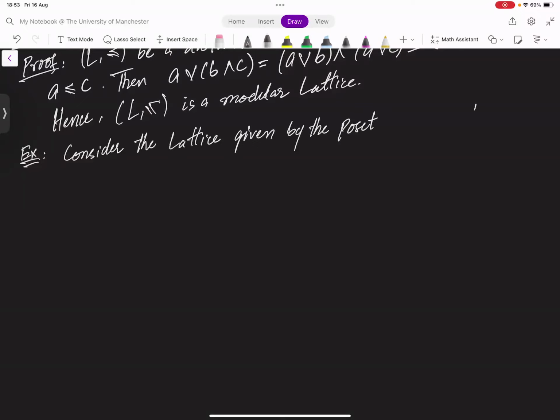So we have a poset 1, A, B, C, and 0. Let's connect them.